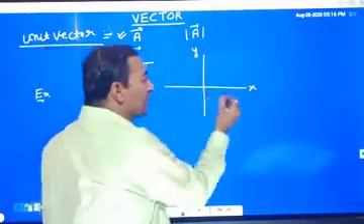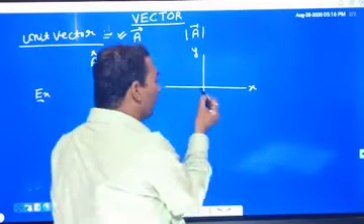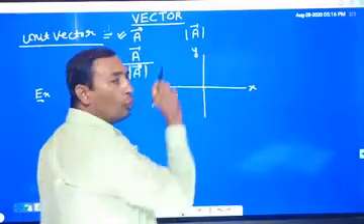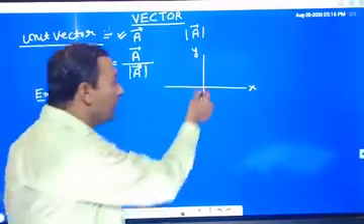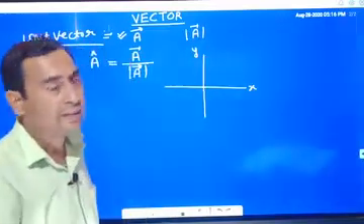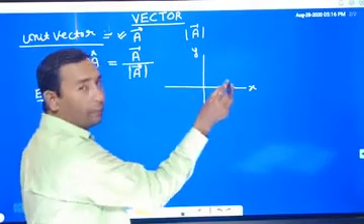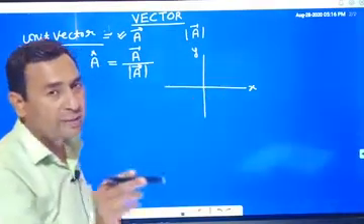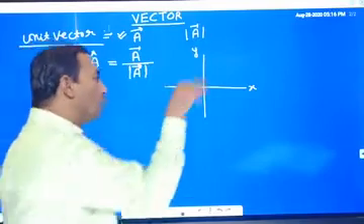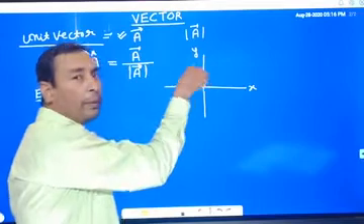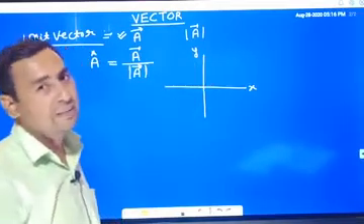In this direction x-axis is positive, and in this direction x-axis is negative. Upward y-axis is positive, downward y-axis is negative. Z-axis perpendicular outward to the plane of the board is positive, and inward, perpendicular to the plane of the board, z-axis is negative.